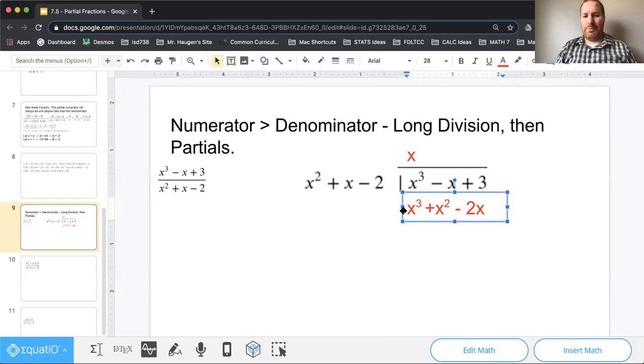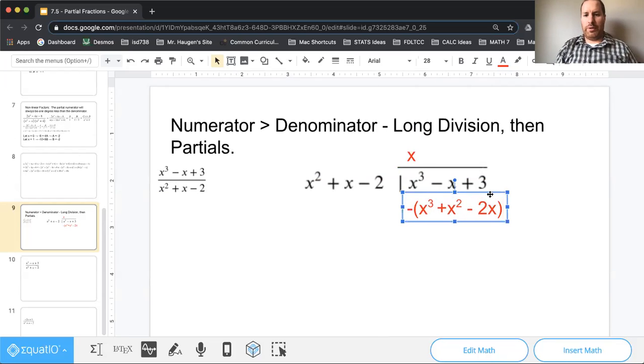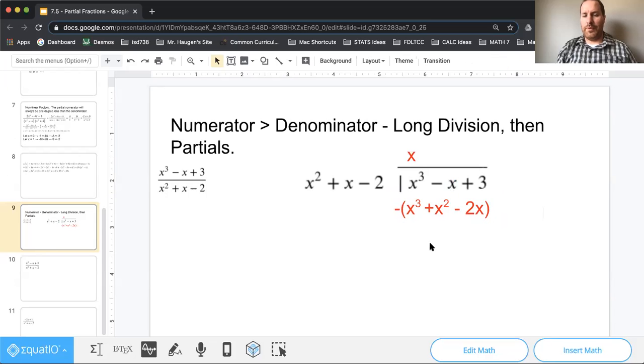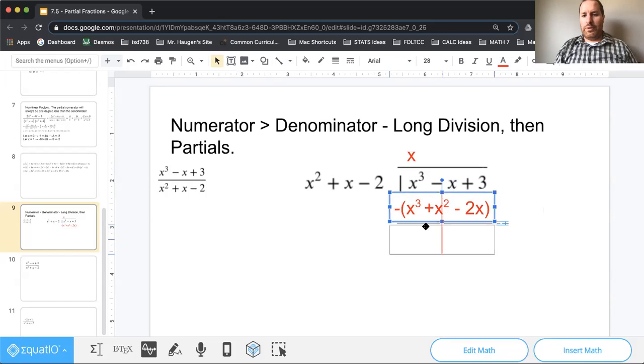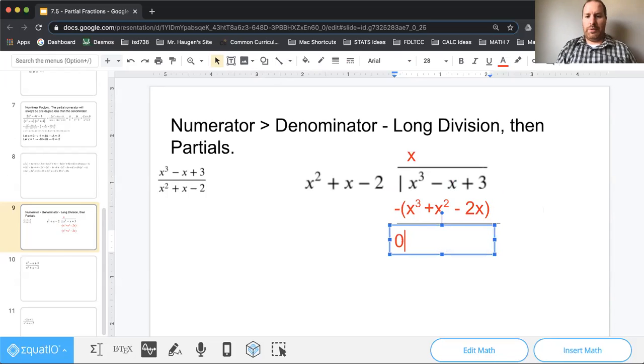Now the thing we have to keep in mind is we are going to subtract this stuff from here, right? We're going to subtract it away once we write that underneath, so we line it up a little nicer. Some people like to put a little bar underneath saying we're subtracting these things away. When we subtract, x cubed minus x cubed is 0.